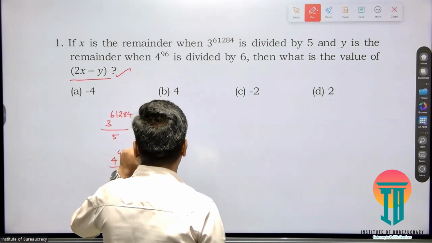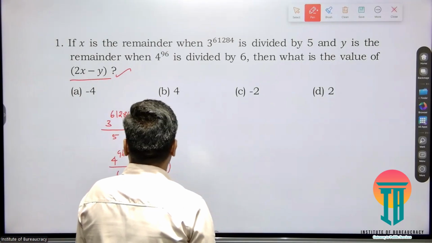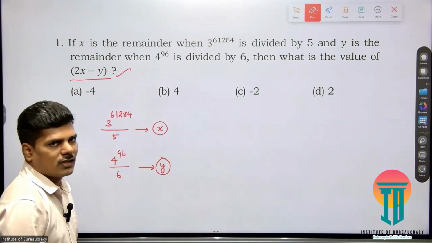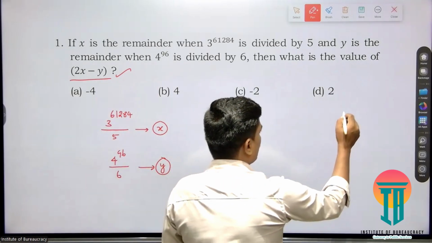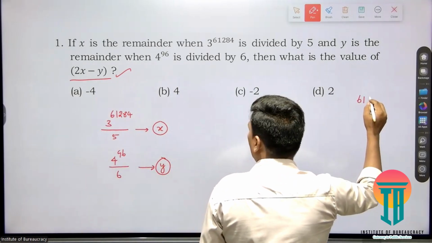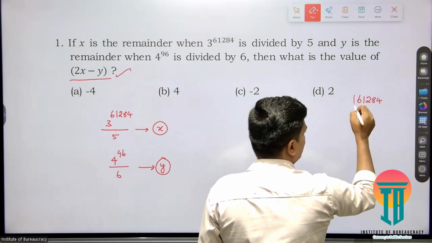So 3 power 61284, we have to divide by 5. I think the exponent is a multiple of 4, so we can divide by 4.